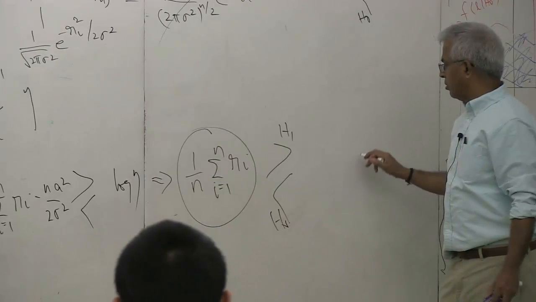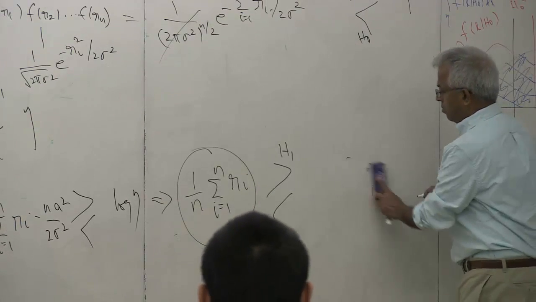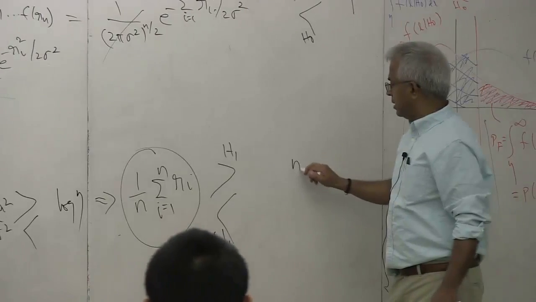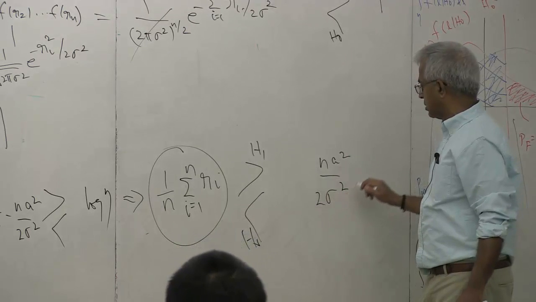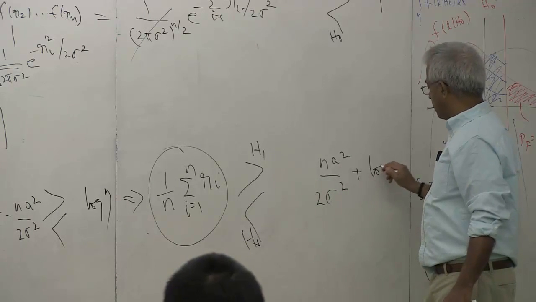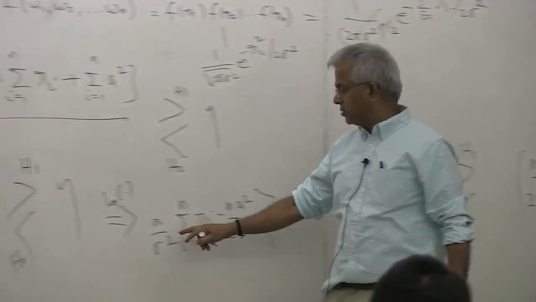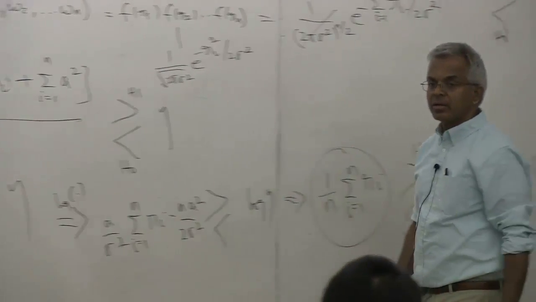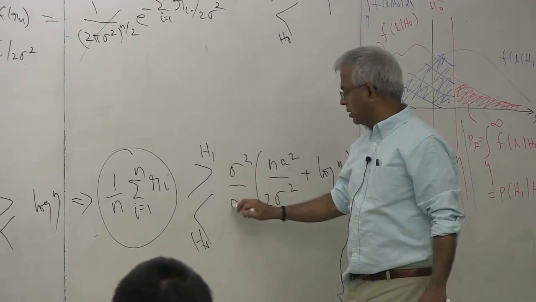So first I am going to take the logarithm of eta. I'm going to add n a squared over 2 sigma squared plus log eta. Then I multiply by sigma squared over a.